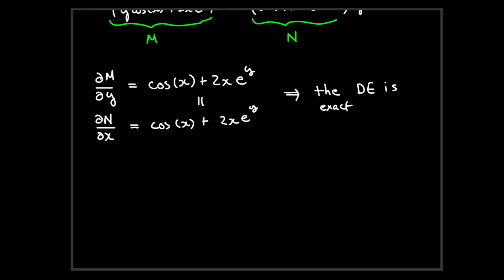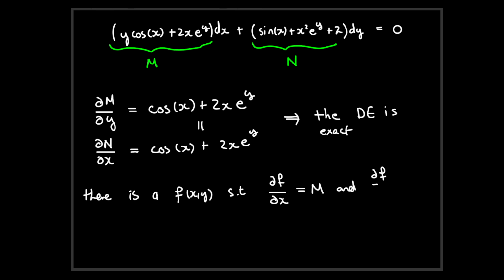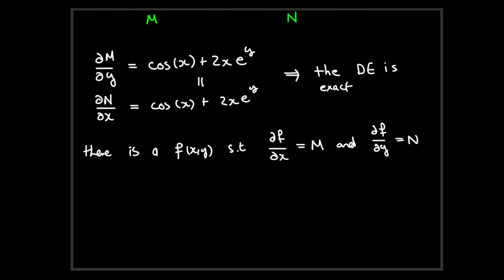And so from exactness, we know that there is a function of two variables such that its differential is equal to the left-hand side of the DE, which is to say that if I take the partial derivative of f with respect to x, I get M, and the partial derivative of f with respect to y, I get N. So this function exists, and now we're trying to calculate what it is.